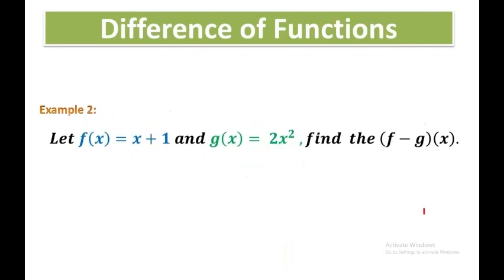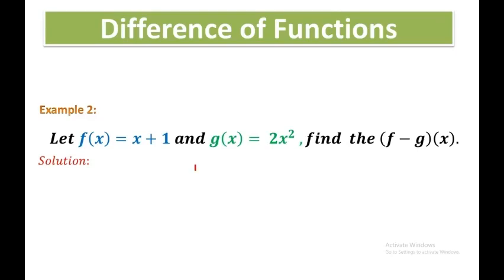Now let's proceed to example number 2. For example number 2, let f of x be equivalent to x plus 1 and g of x be equivalent to 2x squared. You are going to find the f minus g of x.